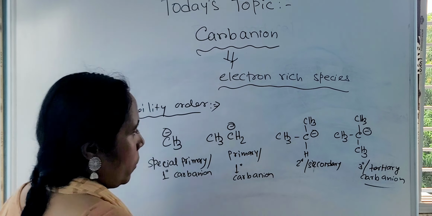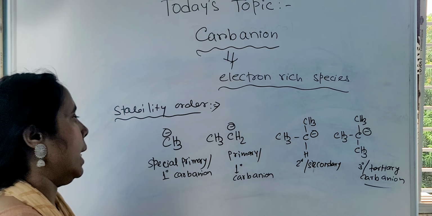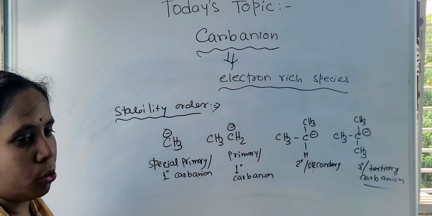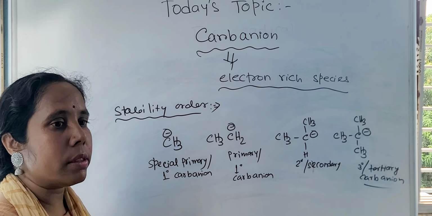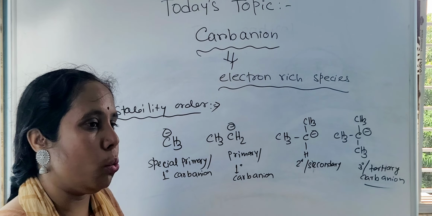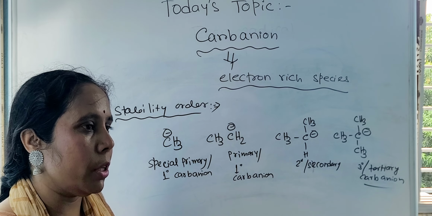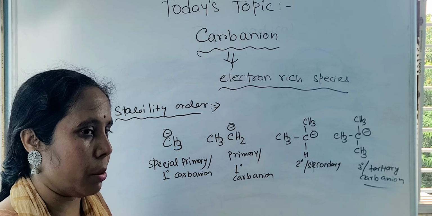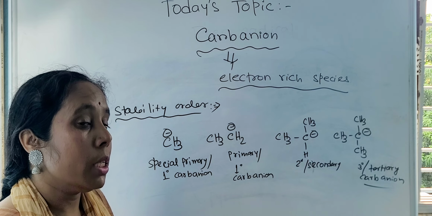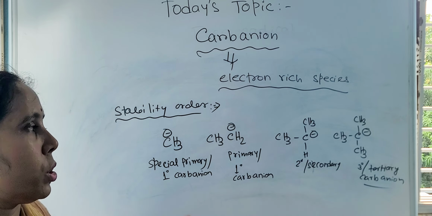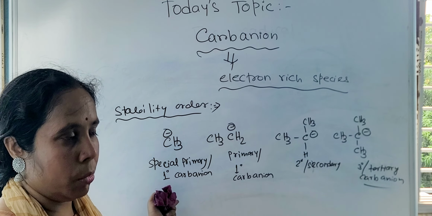Done? So in this case the electron density is more, and the electron wants to diffuse among the neighboring groups. So if any neighboring group is an electron acceptor, meaning it is asking for electrons, such a group will help to stabilize this carbanion.